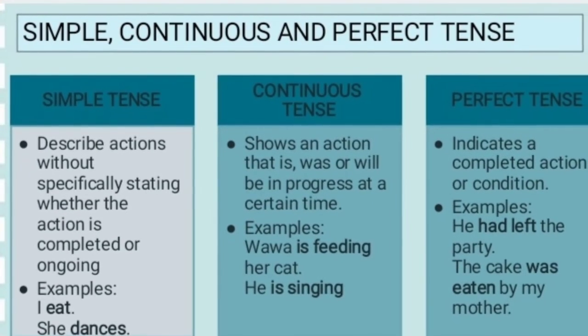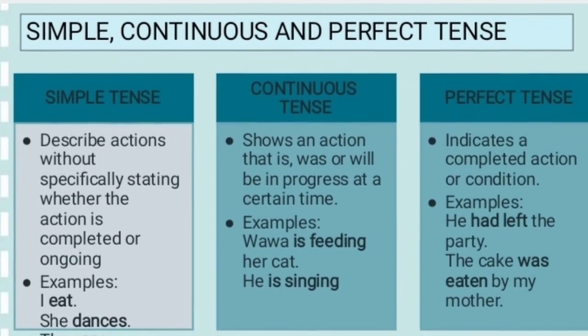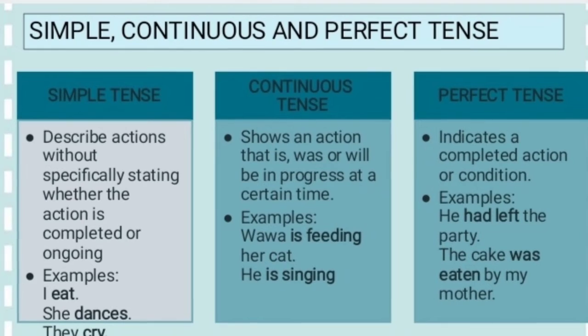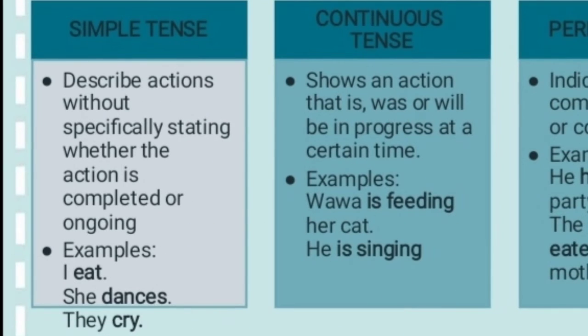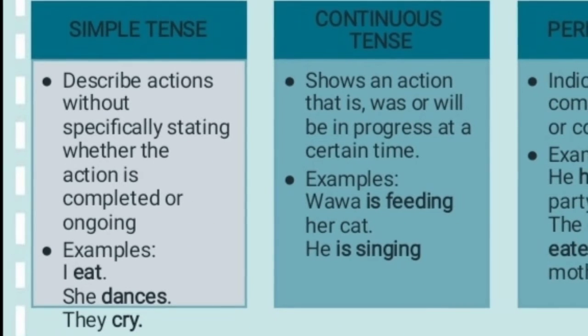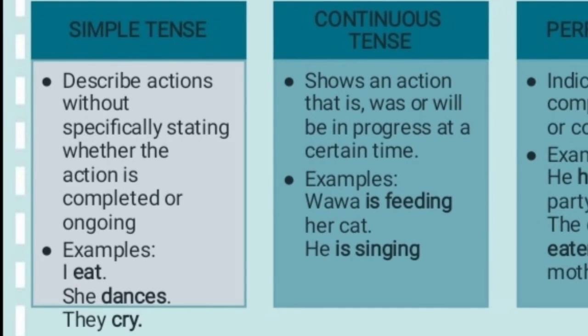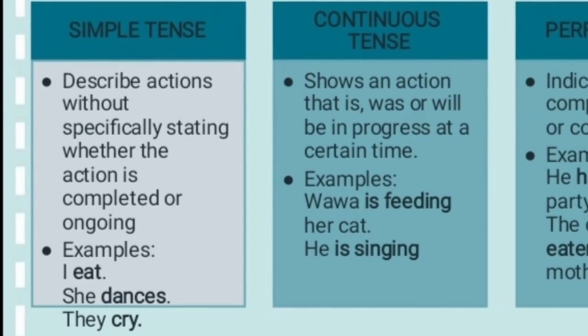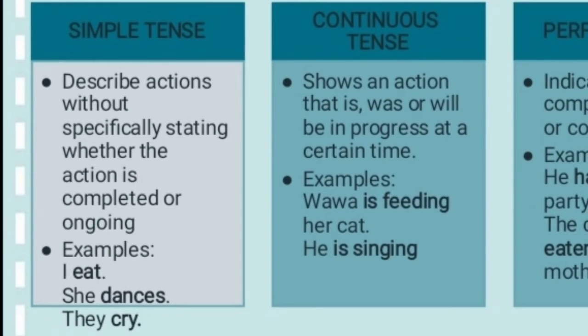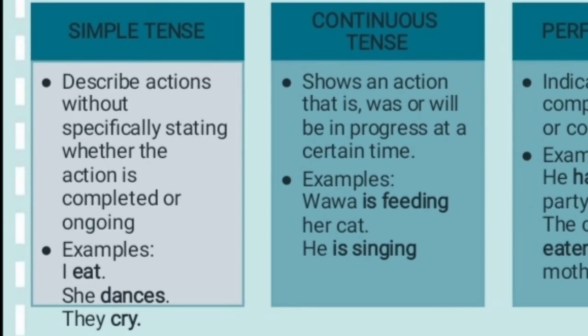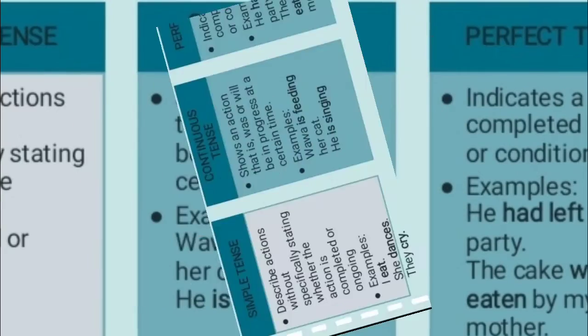The three subtypes of tenses are simple, continuous, and perfect tense. Simple tense describes actions without specifically stating whether the action is completed or ongoing. Example, I eat, she dances, they cry.